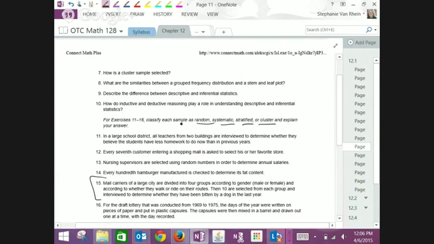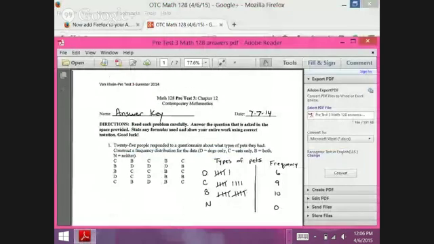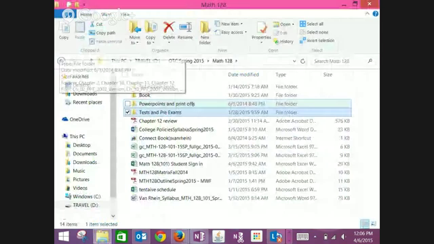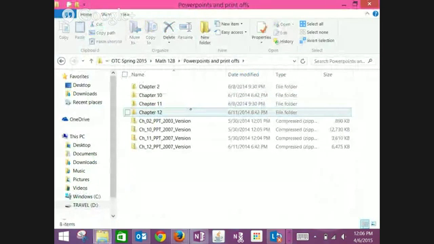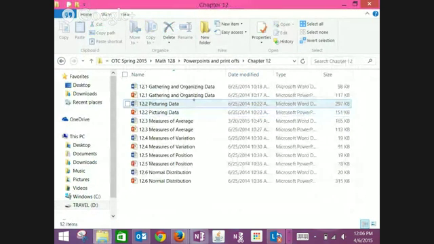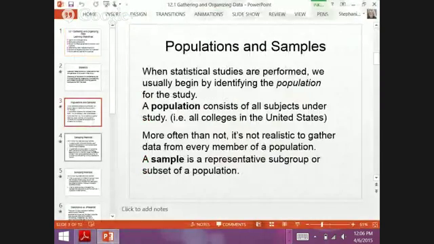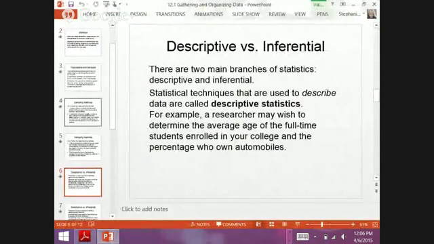So we talked about the 4 on the PowerPoint. If you go to the 4 classifications for chapter 12, there are 4 types of ways to get your data.